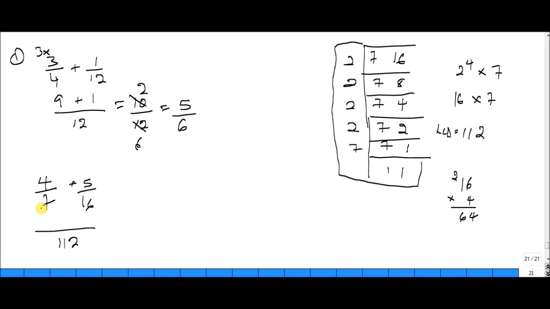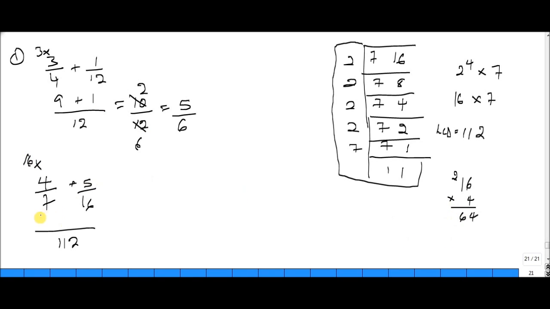112. So we now say 7 into 112 will go 16 times. So we say 16 times 4, and we have it here.